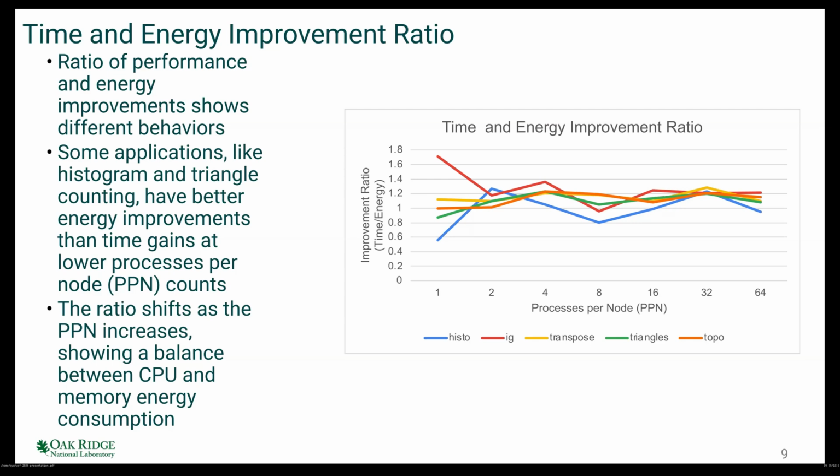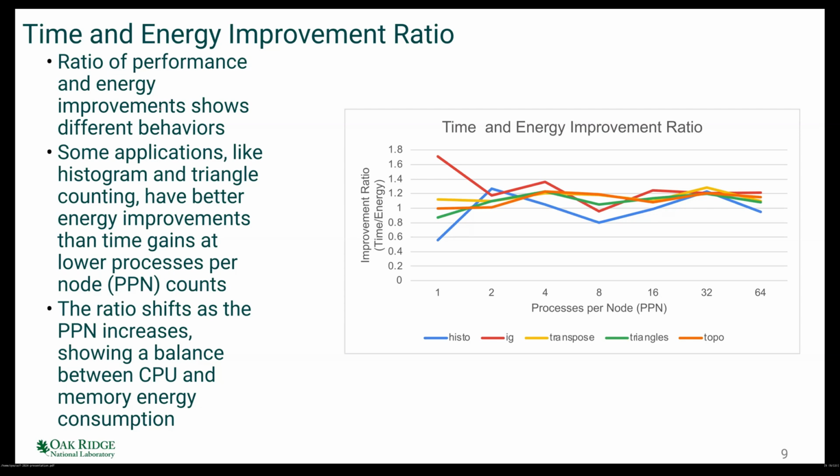It's just the rate at which they were affected was a little bit different. And we saw that the PPN count was an important factor of that. More on that in a little bit. But basically, as the PPN count increased, the balance would start shifting between the CPU and memory consumption. And that started playing a different role in the total memory use.